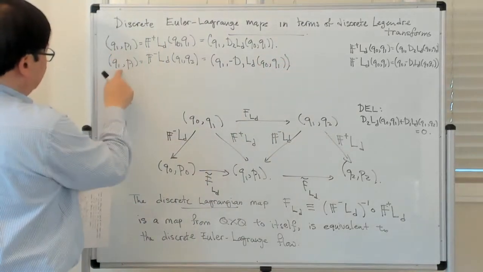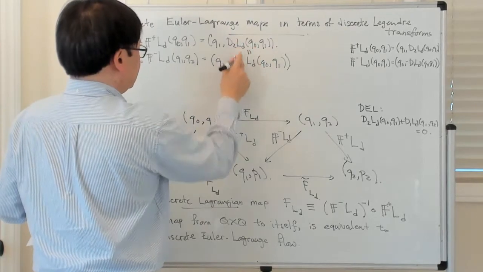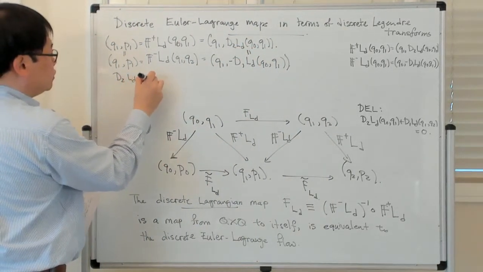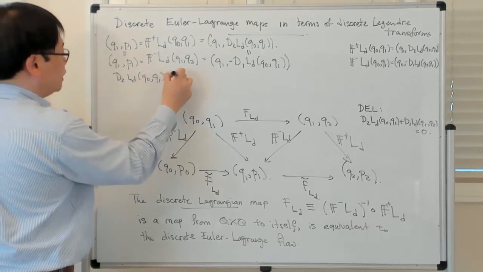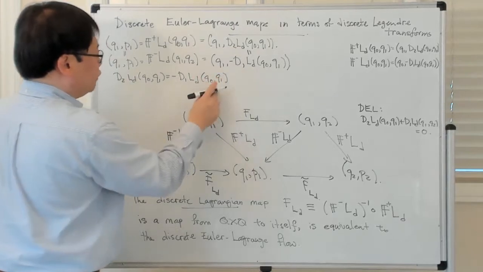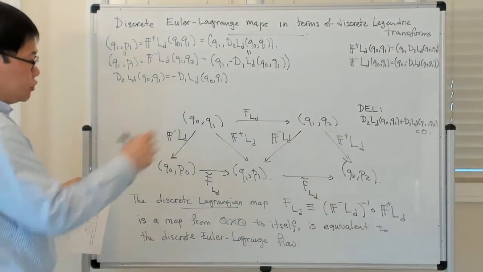Of course, these two are the same, so those two are equal, and it means that D2 L_D(q0, q1) is equal to minus D1 L_D(q1, q2). Obviously that condition is equivalent to the discrete Lagrange equation.